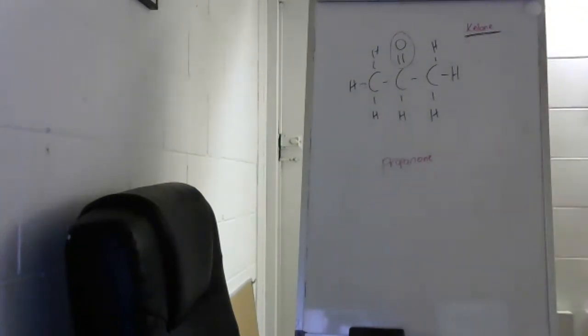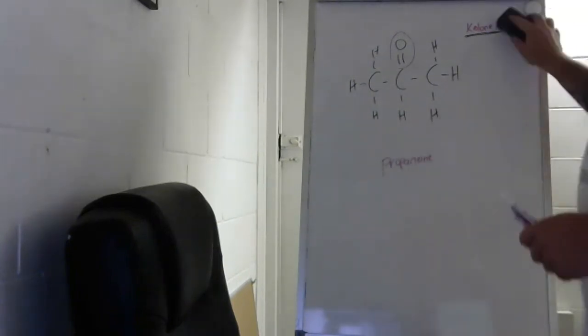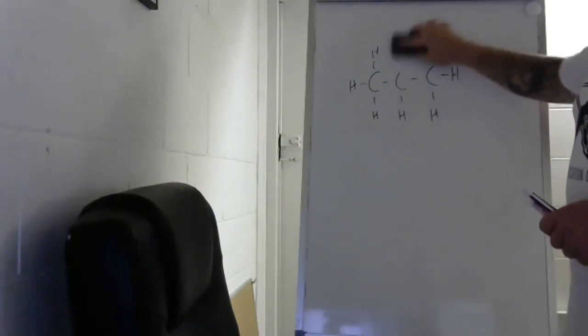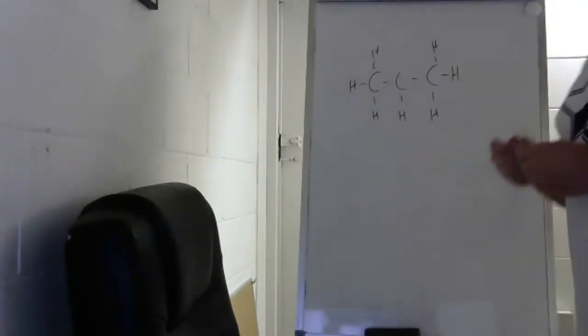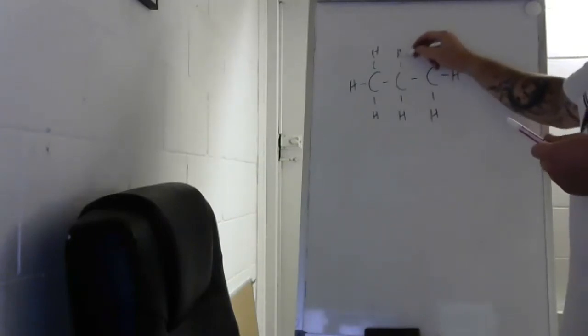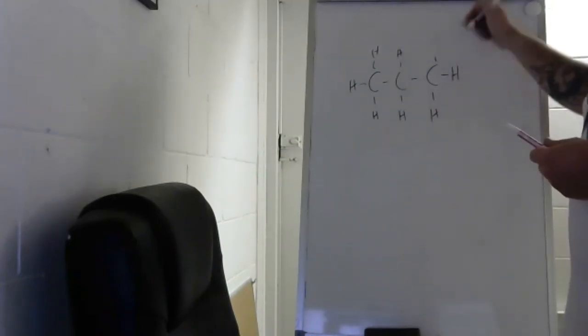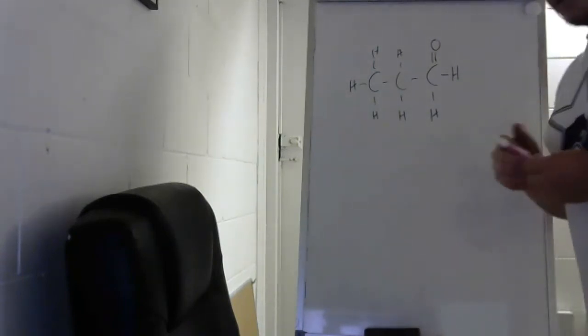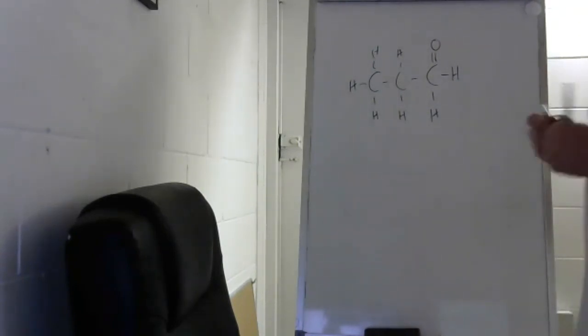Whoever came up with this stuff made it very simple for us. Now, if we look at an aldehyde, it has exactly the same functional group. But there's one distinct difference.